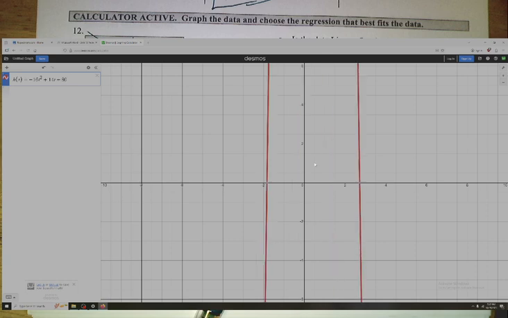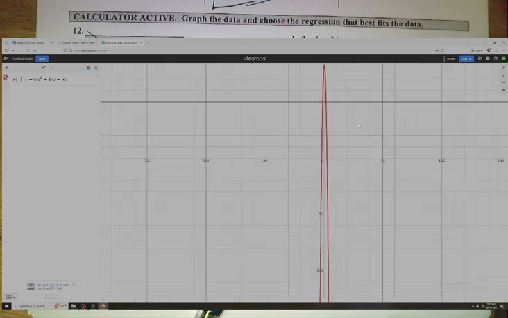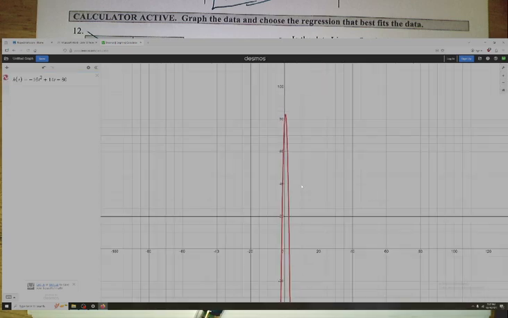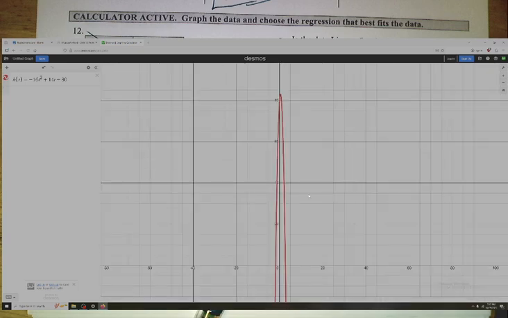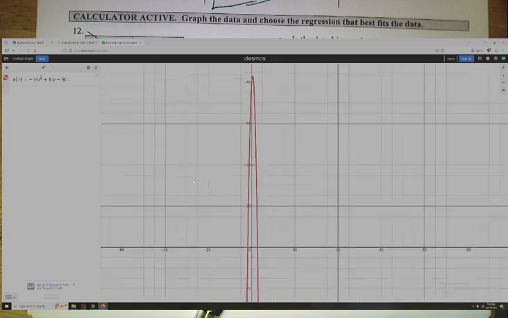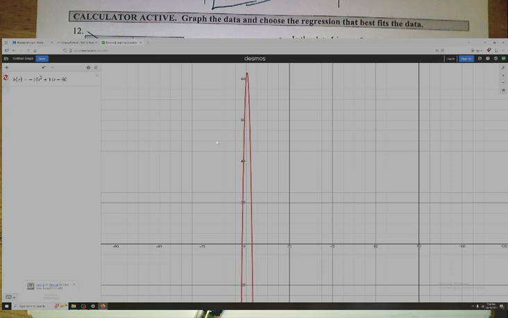And then we will zoom out a little bit, get this into perspective. And so there is our function.